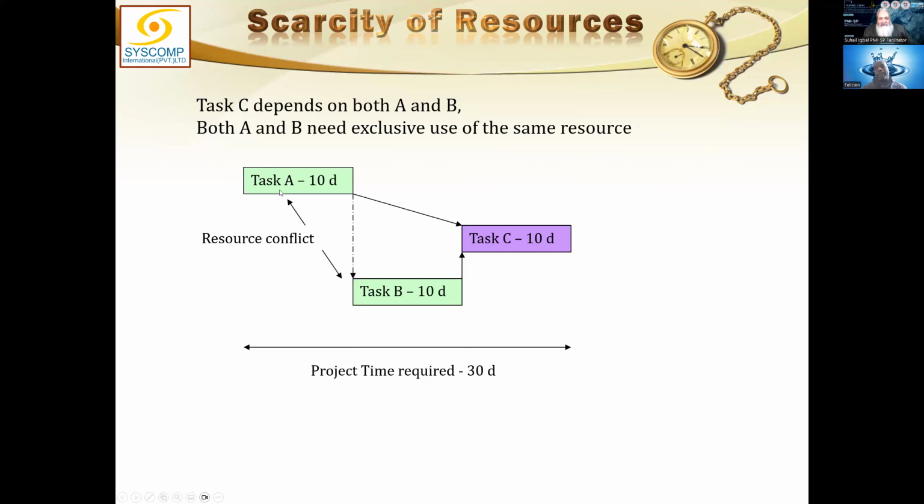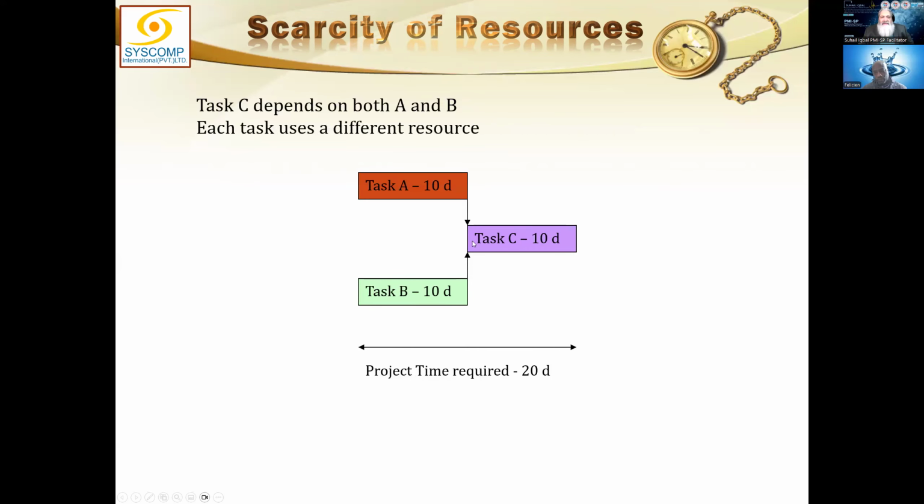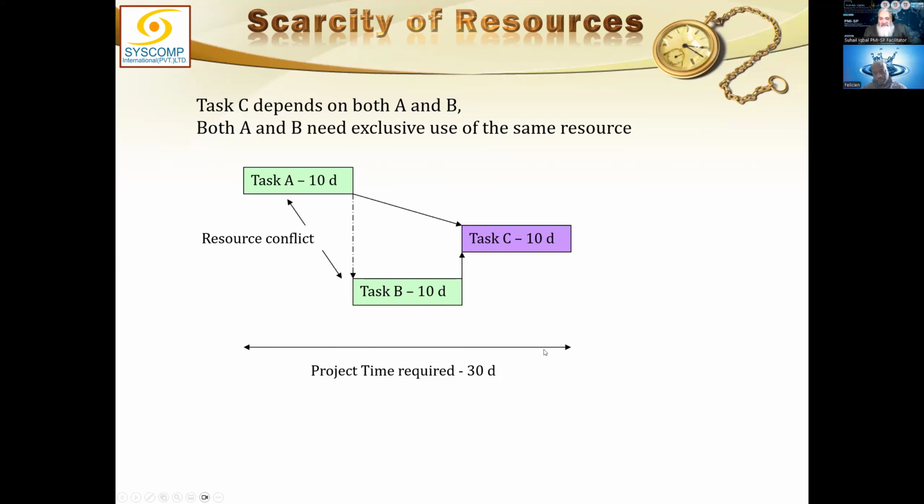First, task A will be done, then task B will be done. 10 plus 10, 20 plus 10, it will take up to 30 days. That is the real fact. Don't assume that because the dependency is like this, it can be done in 20 days. This is a misnomer. Actually, due to the resource constraint, we will have to put it one after the other.